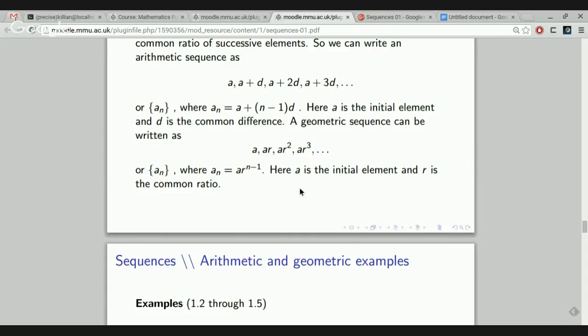What's it convergent to? Anybody else? When R is between 1 and -1, what's the geometric sequence convergent to? You should know it. 0. It's the same answer you gave a minute ago.